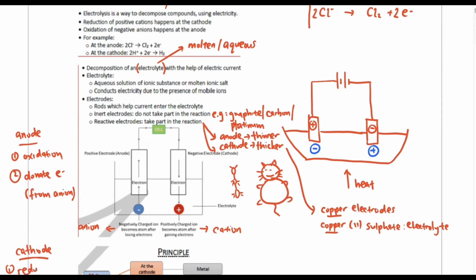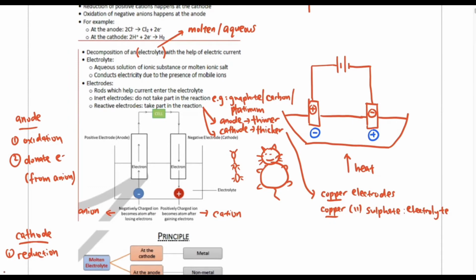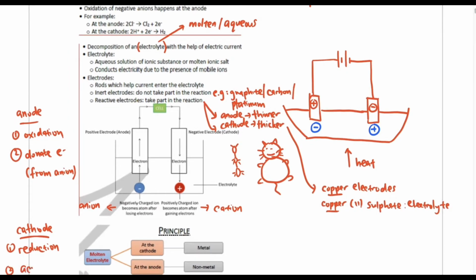Reduction means accept electrons. Accept electrons from where? From the anode. The electrons come from the anode. Accept electrons, and the electron is given to the cation.